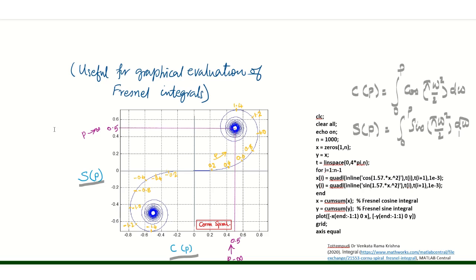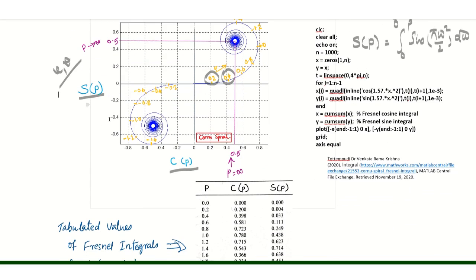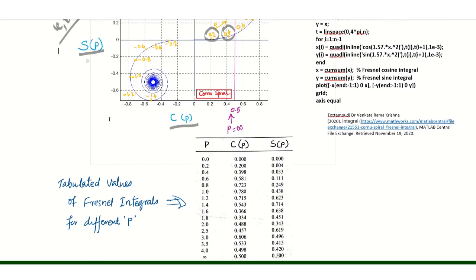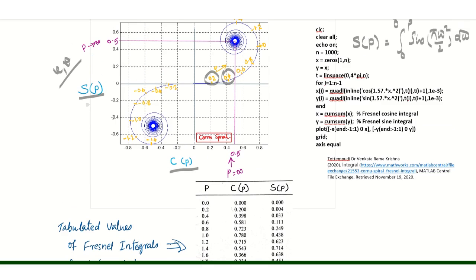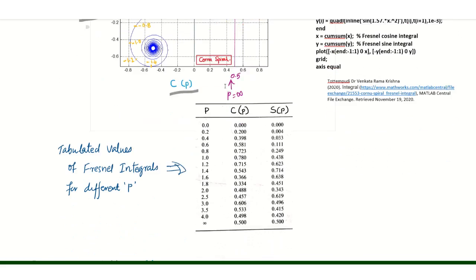What I have shown here in yellow are the values of P, which is either U or V. Remember that.